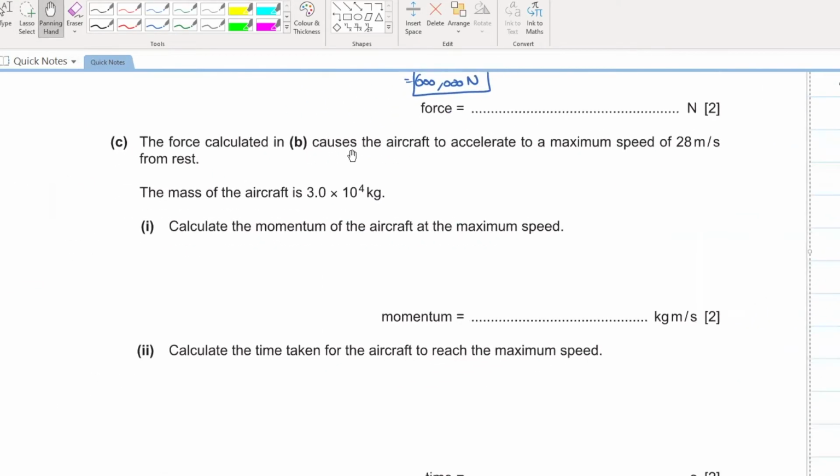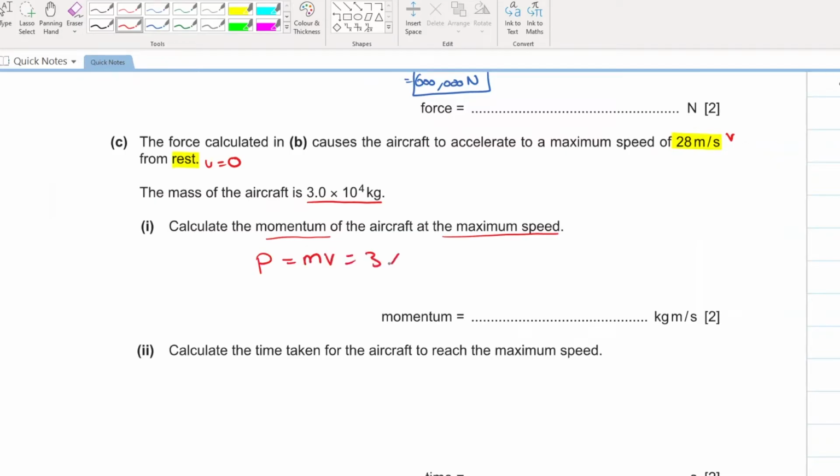The force calculated in B causes the aircraft to accelerate to a maximum speed of this from rest. So your initial velocity was 0, final velocity is this. The mass of the aircraft is this. Calculate the momentum of the aircraft at the maximum speed. What is the formula of momentum? Momentum is equal to mass into velocity.